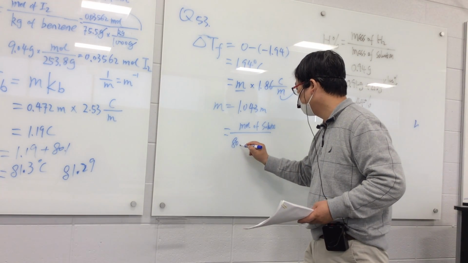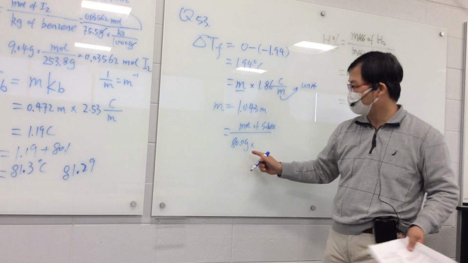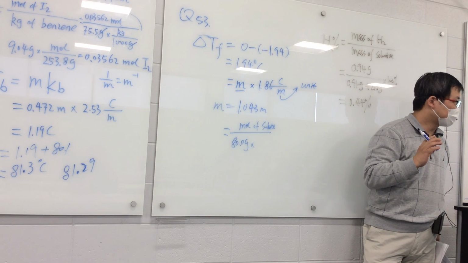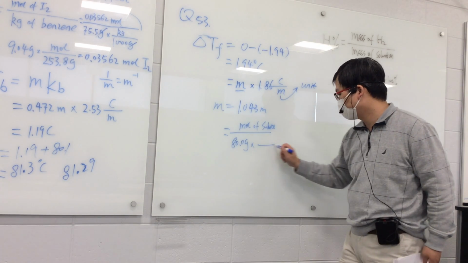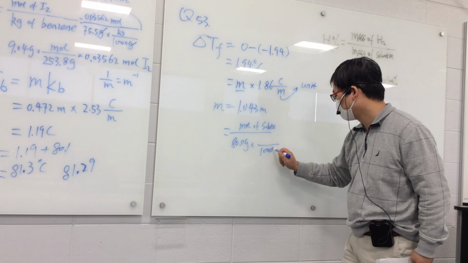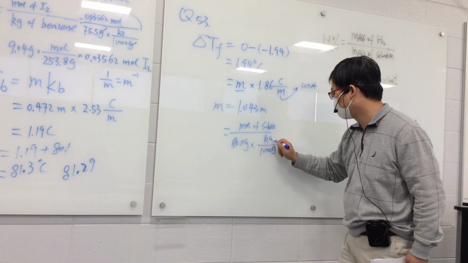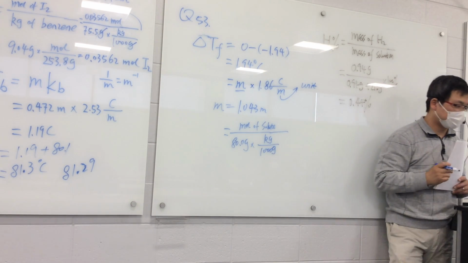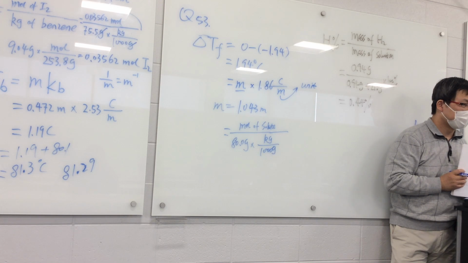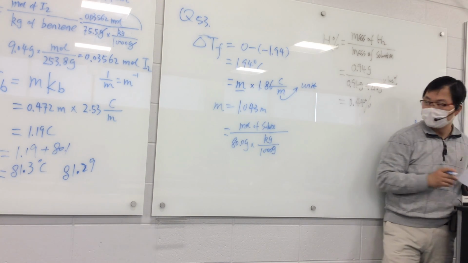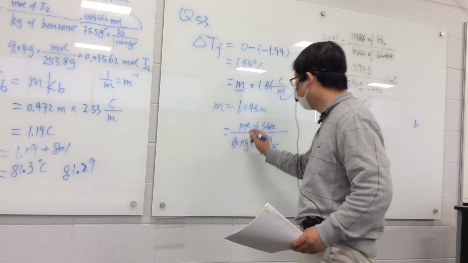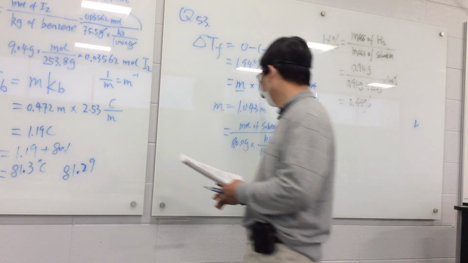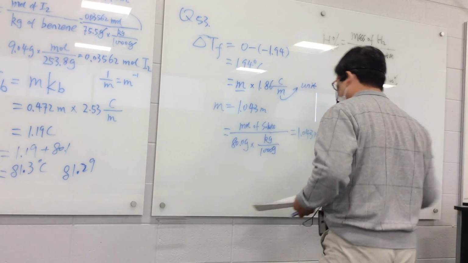The water is 80 grams. Again, we want to convert this gram to kilogram. And then this equals 1.043 molal. And from here, we know the moles of solute, right?